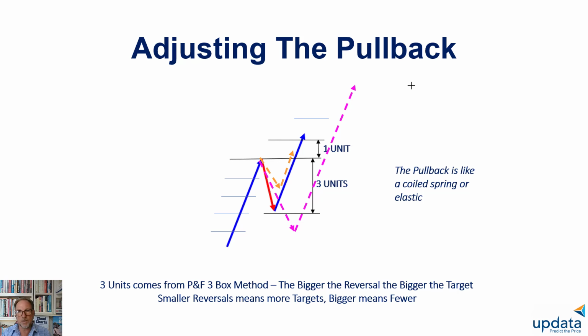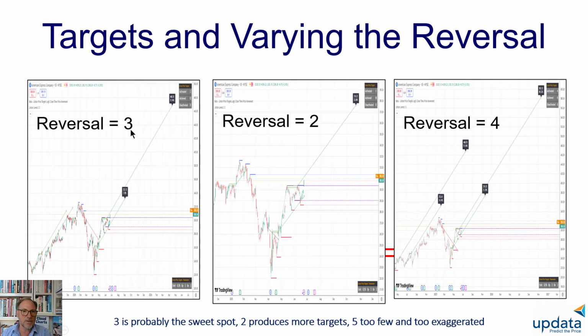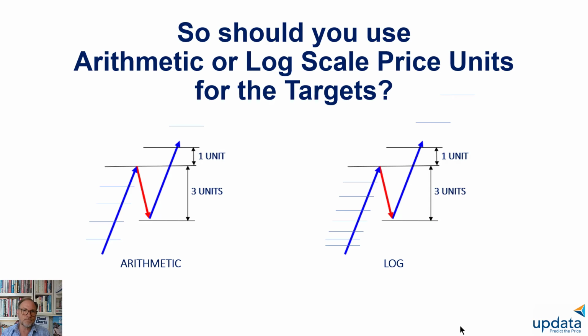I don't recommend you do that if you're a newcomer, but you can have a 3-box reversal, which is the recommended setting. You can use 2 or you can use 4, and your targets will all be different. You quite often find that 2 produces more targets and 5 produces too few, and they're too exaggerated. 3 is the sweet spot.